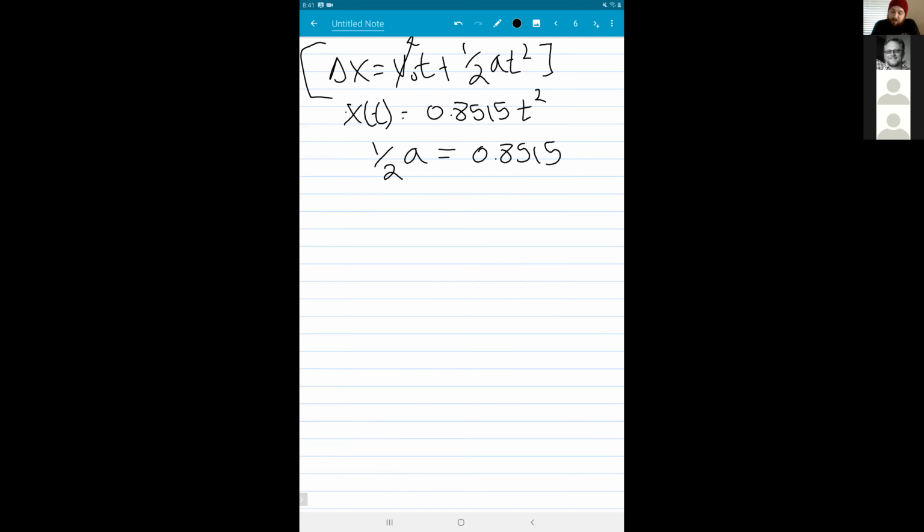And then the 1/2 a t squared is the only thing that's left. So it must be that the 0.8515 t squared is 1/2 a t squared, right? So we can go ahead and say this, and then we can say that our acceleration is twice 0.85. I think it's 1.70 something. I actually don't have my calculator. I should get that.